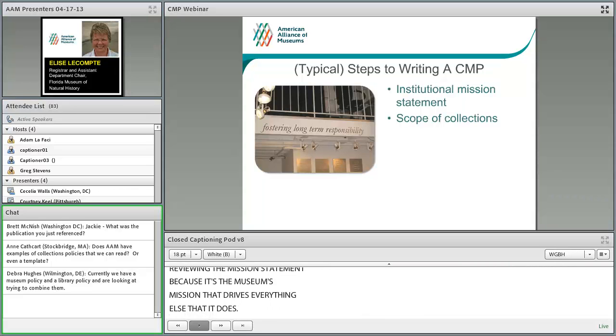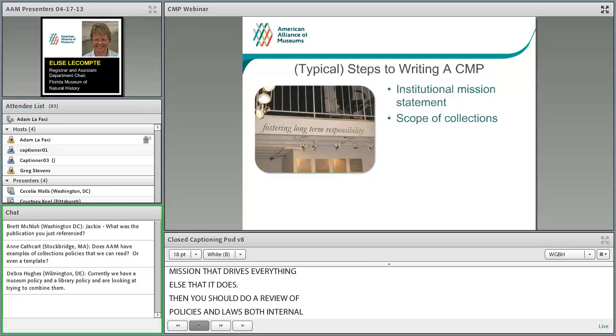So the museum's own policies and procedures that the institution already has in place, because these will have an impact on how the collections management policy is written. And look at current legal, ethical, and professional standards and best practices because those also will have an impact on the development of the policy.